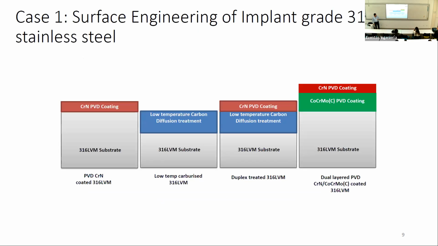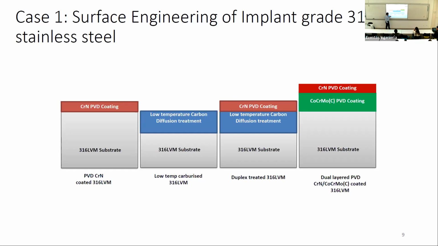Okay, so in the next few slides, I'm going to show you some work that we did where we used different surface engineering techniques to try and protect one biomedical grade stainless steel, which is a 316 LVM stainless steel. And we did different surface engineering treatments. We did one depositing around 4 micrometers of chrome nitride.